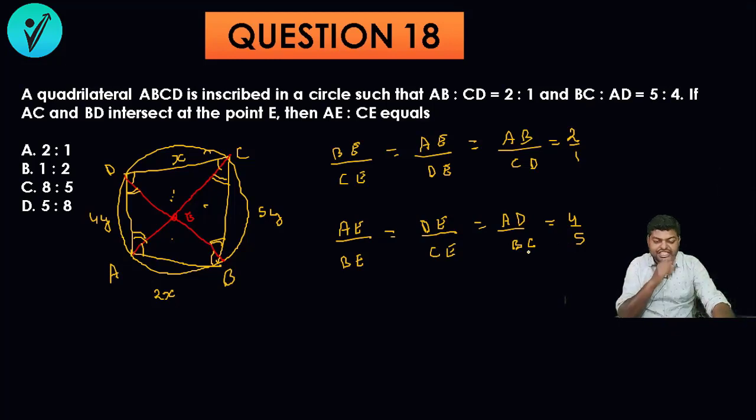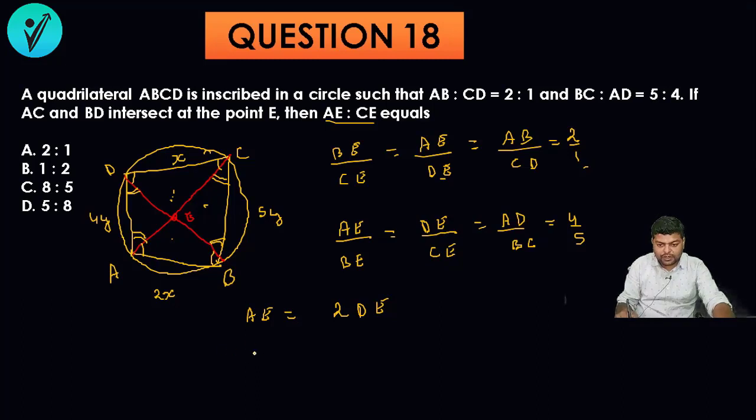Now what relation do I need to establish? What is the ratio of AE is to CE? So I can get AE from here, and we can get CE from here, where DE is common. So if you equate, what's the value of AE? AE is 2 times DE. And what is CE?